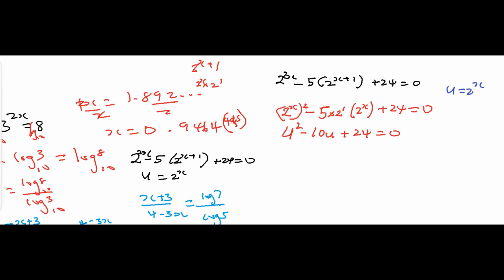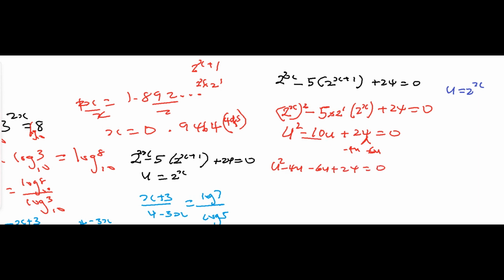Okay, so I can have 4u and 6u to replace minus 10u. I'm factorizing. I can have 4 and 6. I want to get minus, so I put minus, minus this, minus this. Let's factorize. u squared minus 4u minus 6u plus 24 equals to 0.